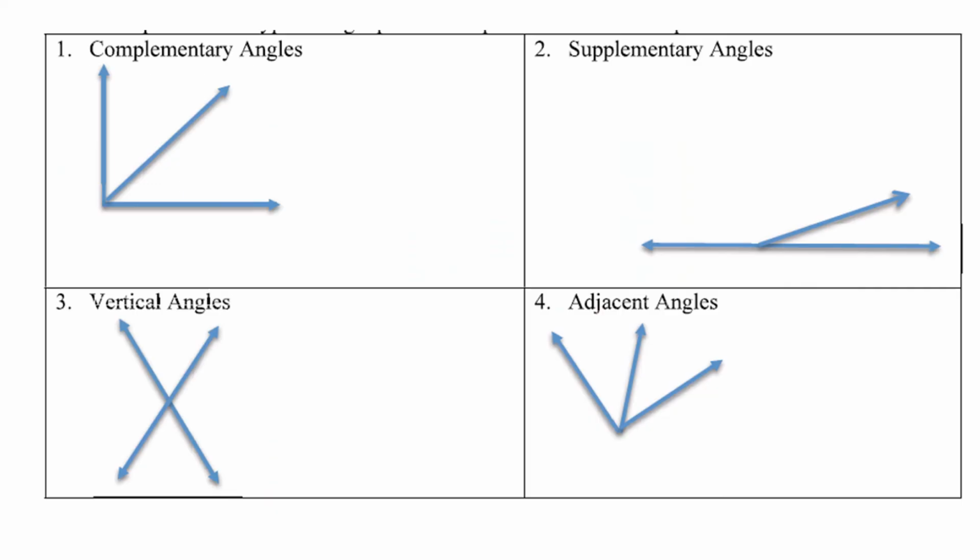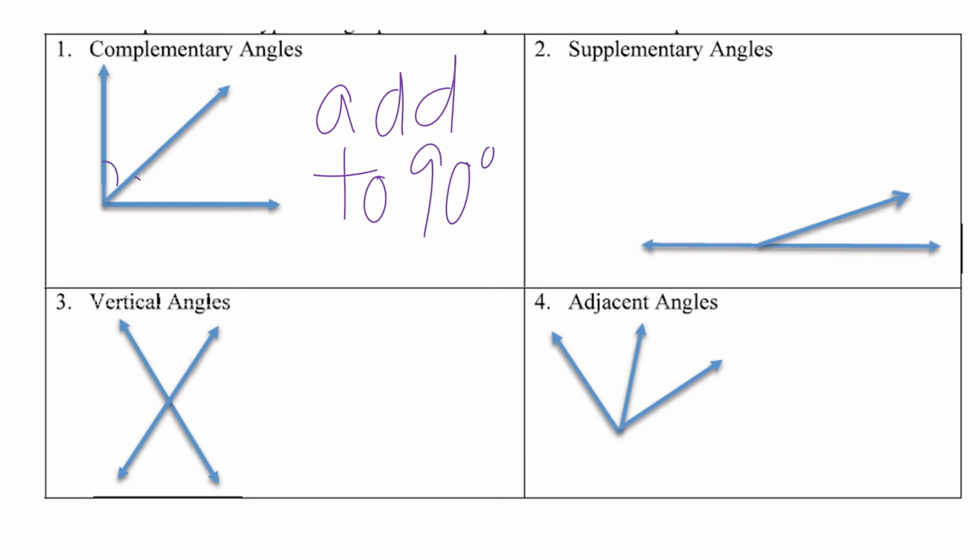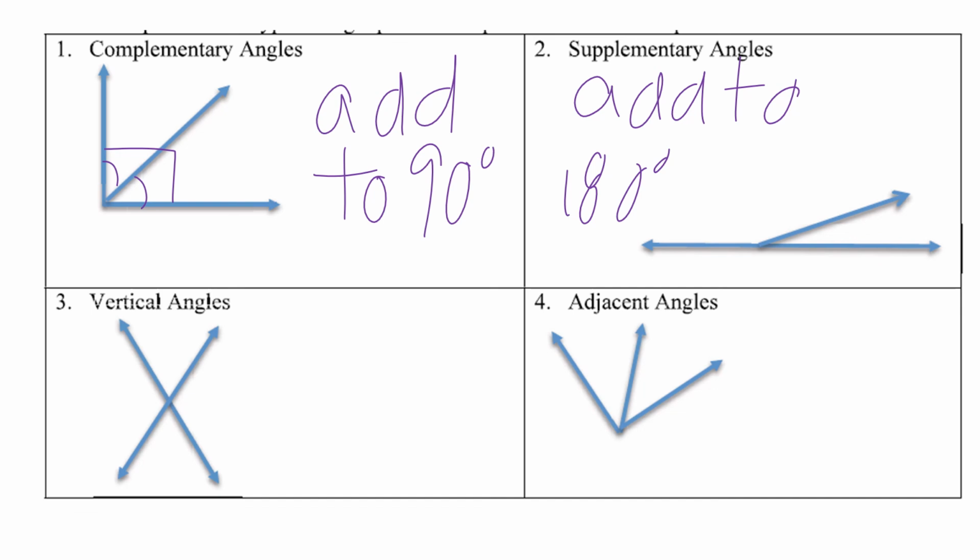So in review, complementary angles add to 90 degrees. So this one and that one would add to 90. Supplementary angles add to 180 degrees. So this one and this one would add to 180.